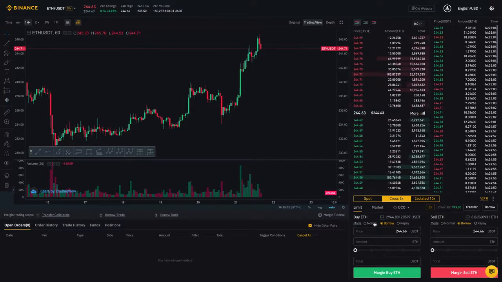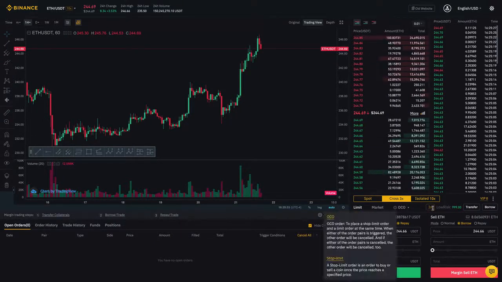So for example, borrow or normal, this is how much I have in my margin account at the moment, right? I have 970 USDT. But if I want to borrow, that's the maximum how much I can borrow based on my current position, right? Or if I want to repay it, then that's something else. But I haven't borrowed anything at the moment.